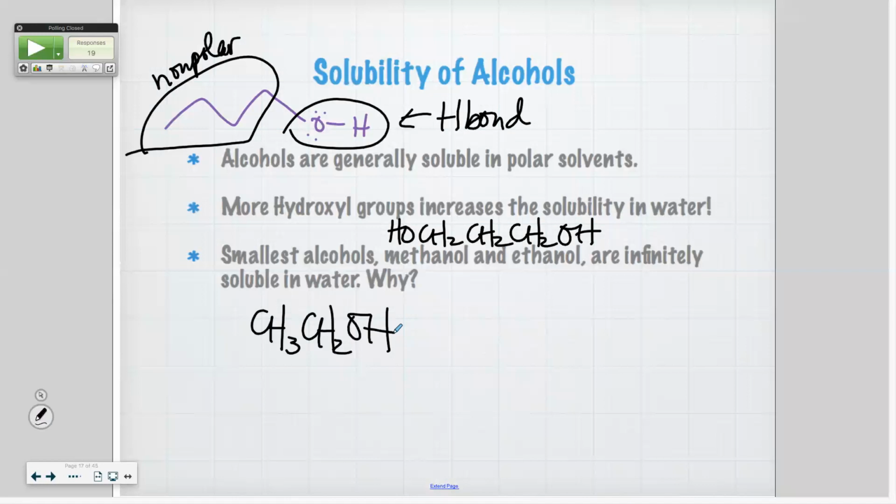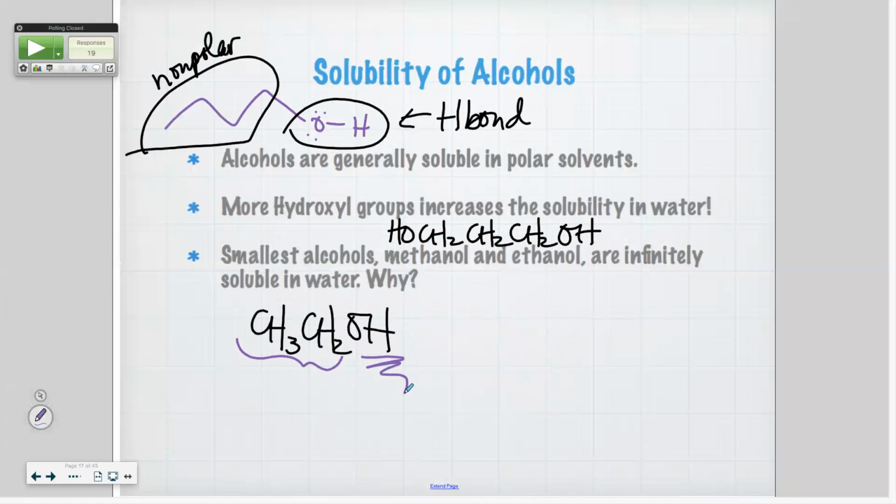Okay, so here is our non-polar part, and here's our polar part. Notice that the nonpolar part is really small. There's a battle going on in the molecule between the nonpolar part and the polar part. The polar part says, I want to dissolve, I can hydrogen bond.